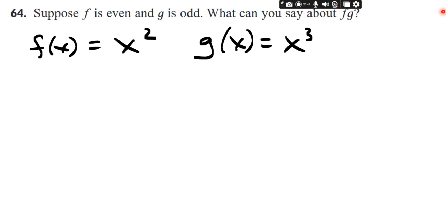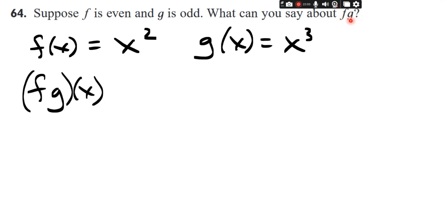So now the question is this, what can you say about, oh, and look at that, this is not composition of functions. This is multiplication of f and g. All right? So the multiplication of f and g can be written like this, right?